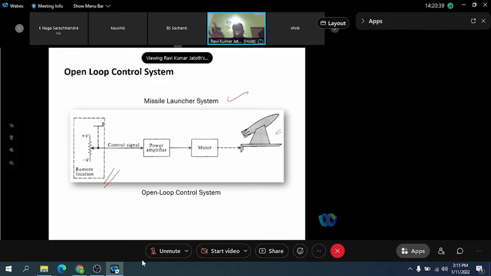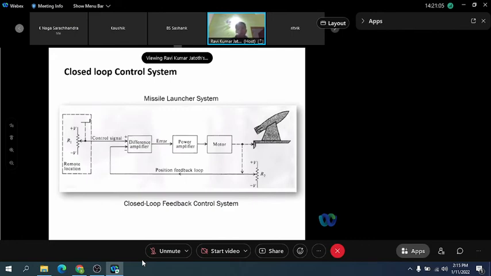But let us say the target is changing. So you fix it at, let us take, 40-45 degrees. But when the target is changing, if you fire the missile at the same 45 degrees, that is going to be a waste. So where there is no relationship between output and input, there is no interaction, those systems are called open loop systems.